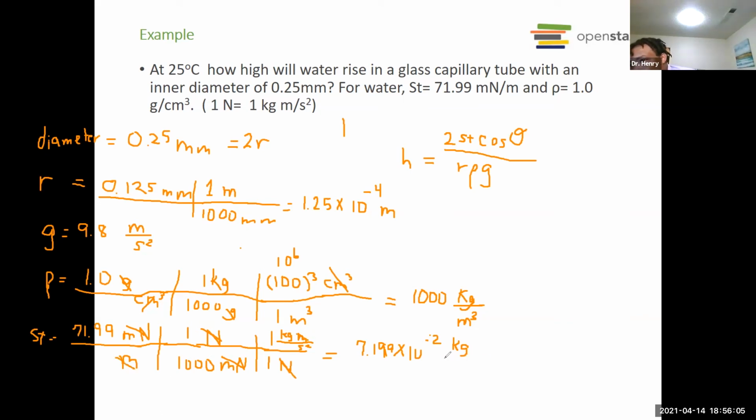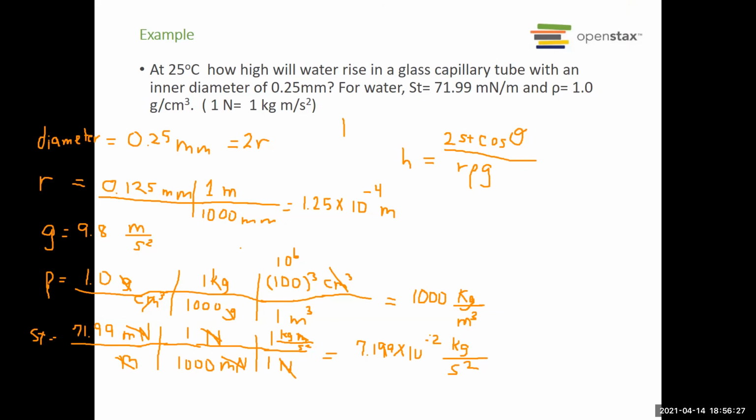So we have kilograms over second squared. Is that correct? Or am I just making stuff up?